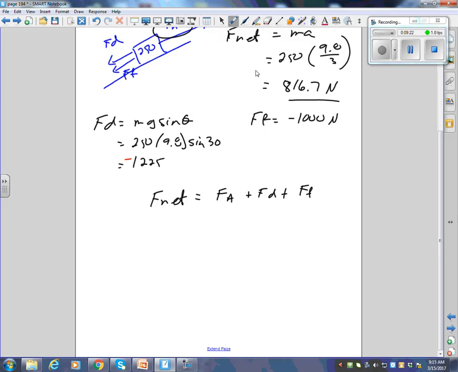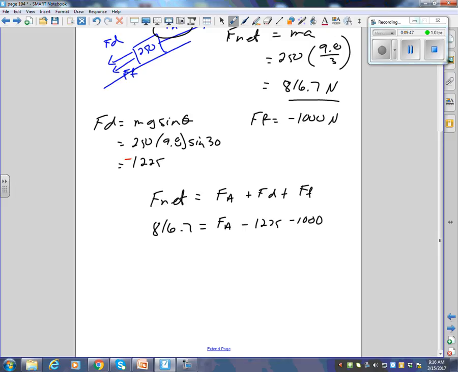So my F net is 816.7. The applied force is what I'm solving for. FD is minus 1225 and FF is minus 1,000. And I really hope solving that is not a problem for you.